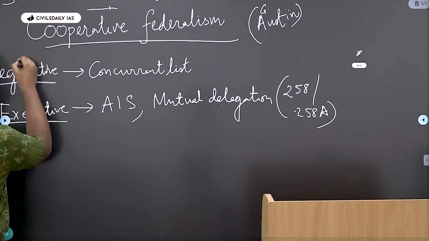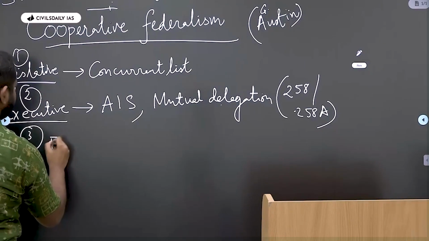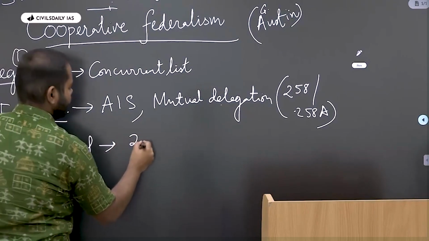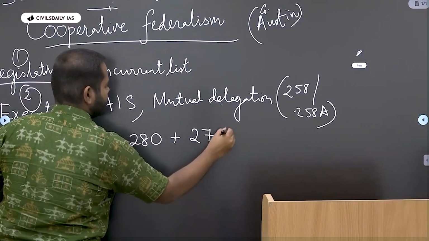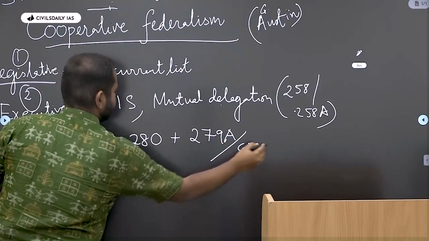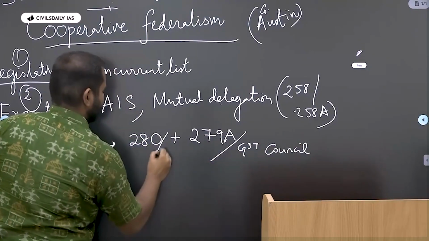Then we have the fiscal one. We have your Finance Commission, and we have GST.